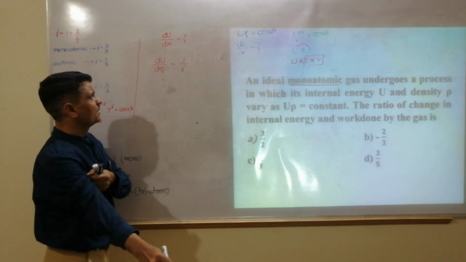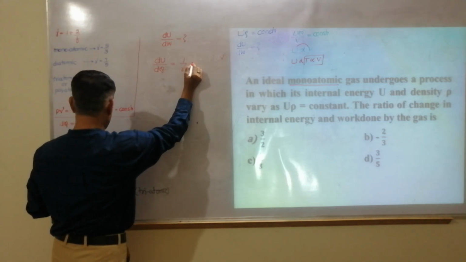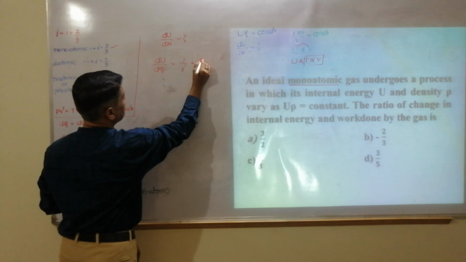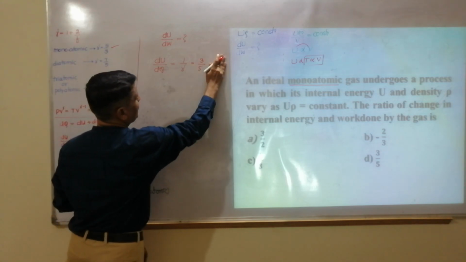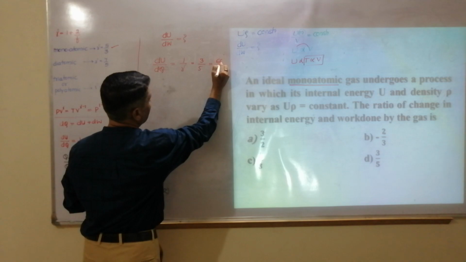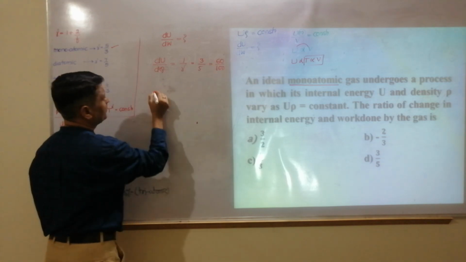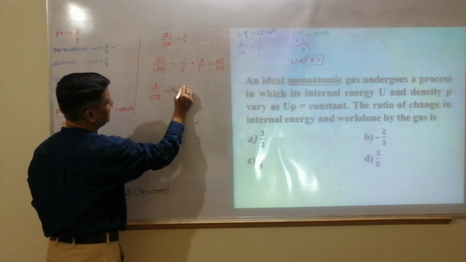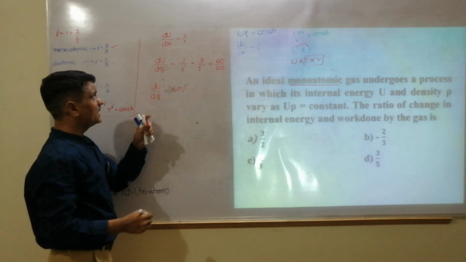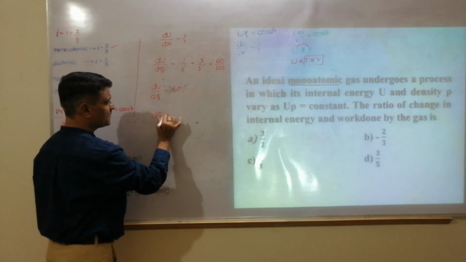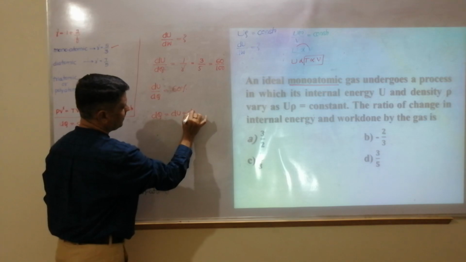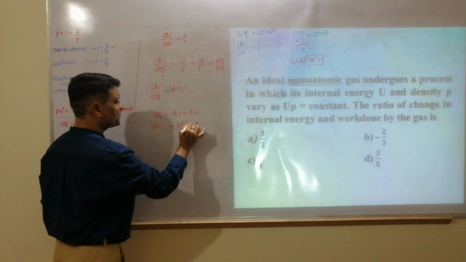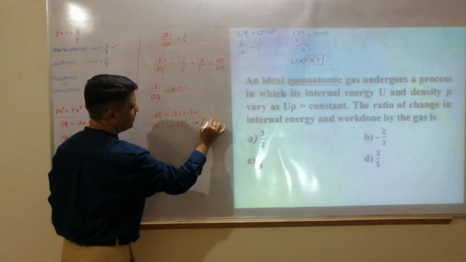For monoatomic, gamma is 5/3, so 1 by gamma means 3/5, or 60 divided by 100. So dU by dQ is 60%. According to the first law of thermodynamics, if the total is 100% and dU is 60%, then work done will be 40%.